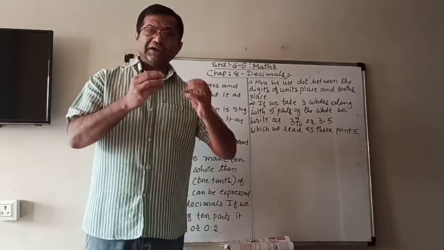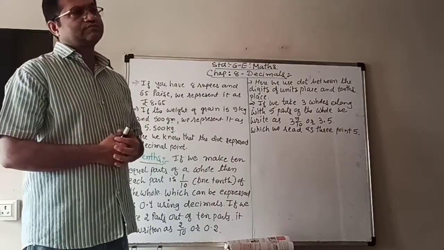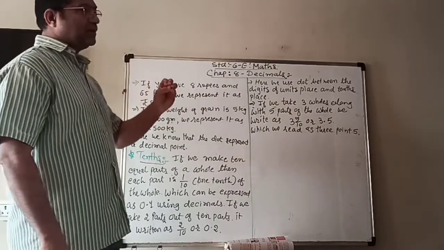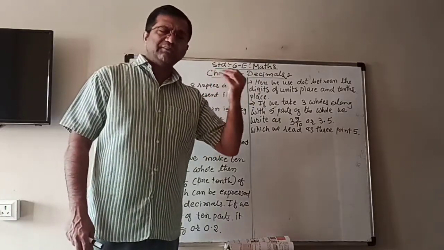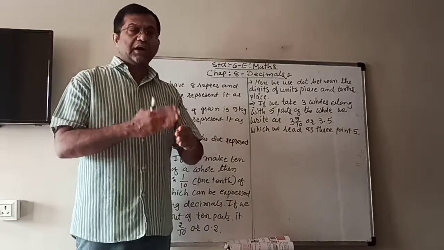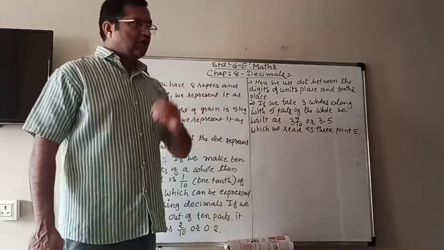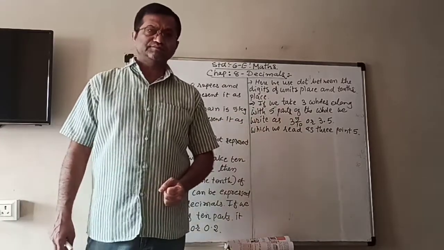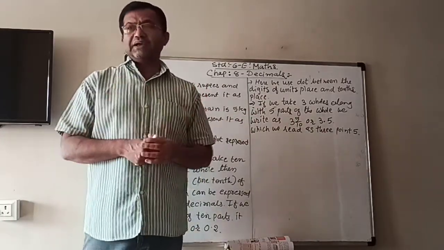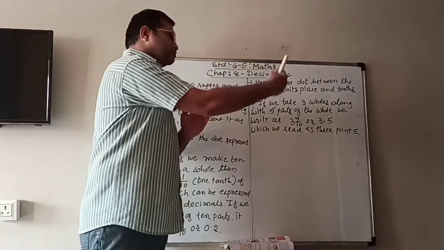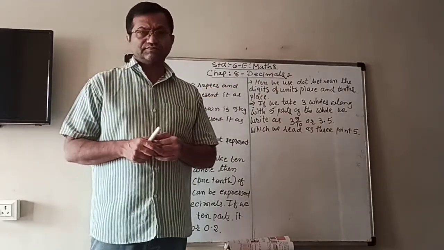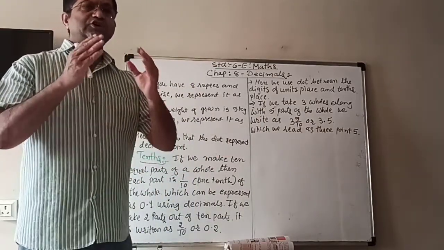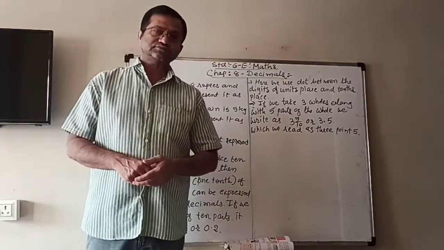So now, what is a decimal actually? Here, first we have to learn, actually you may have already learned about it, the place value. We know that in numbers without a decimal point, the rightmost digit of the number, that place is known as units place or ones place.